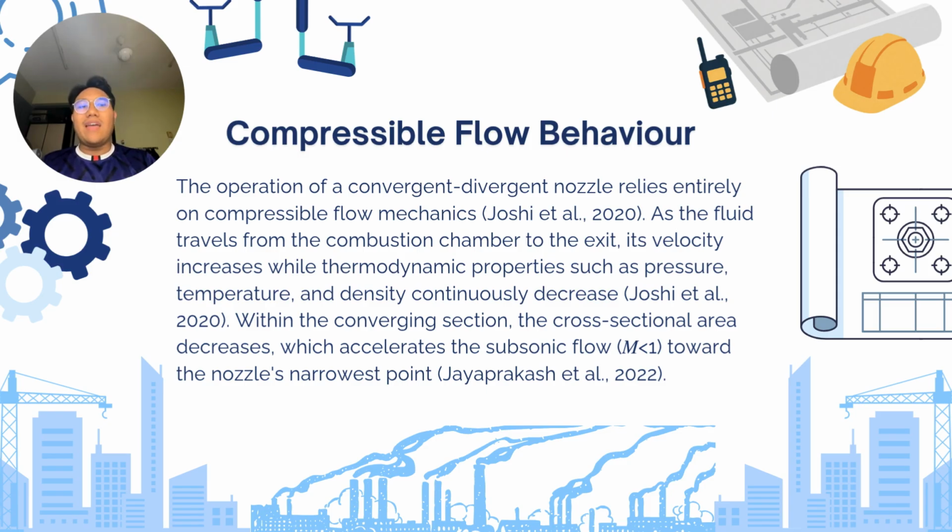This narrowing acts like an accelerator for subsonic flow, pushing the gas faster as it approaches the nozzle's tightest point, known as the throat, where the Mach number is still less than 1. That is all about compressible flow behavior.